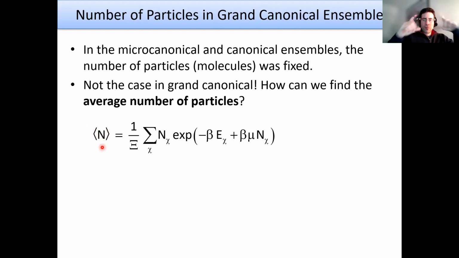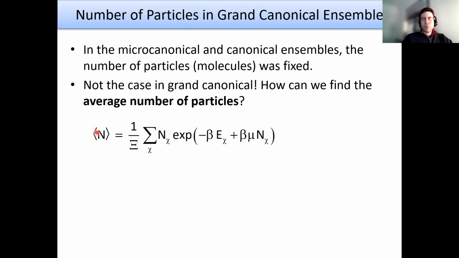Well, here is the average of the number of particles. Remember, brackets mean I'm averaging over an ensemble. This is equal to 1 over xi times this thing here. So remember, this e to the minus blah blah divided by xi is the probability that we will visit state chi in the grand canonical ensemble, times this quantity that we're averaging, the number of particles in state chi.